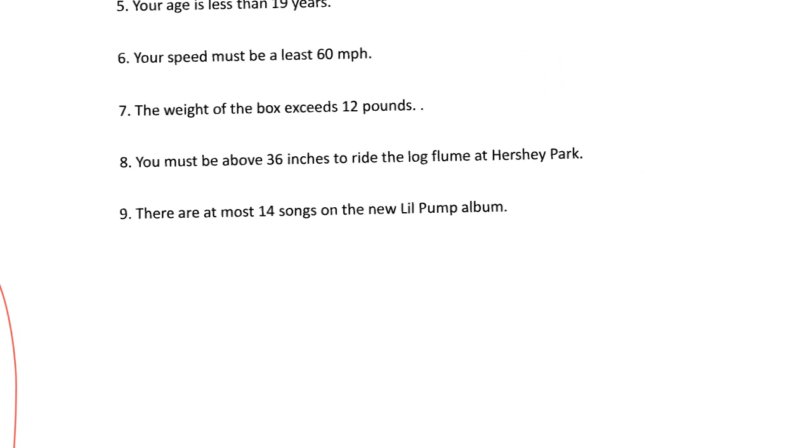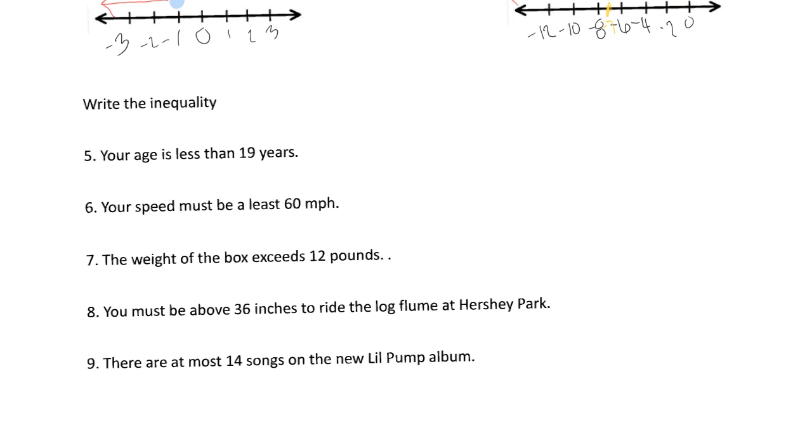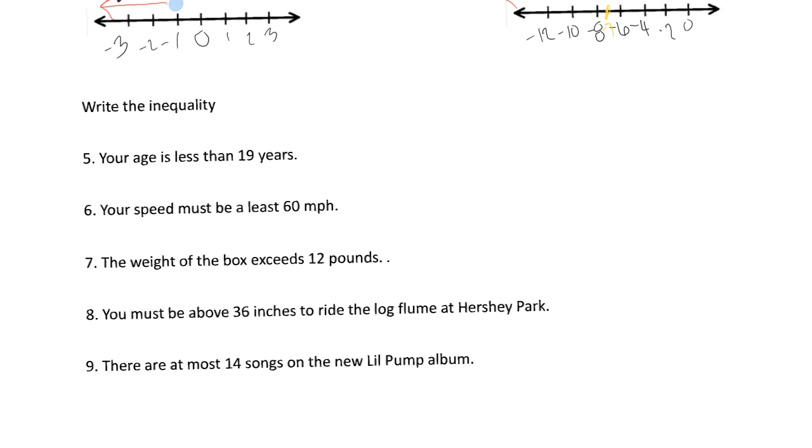So now we have these couple of problems here. You need to change these into an inequality. The first thing we figure out is this says "is less than." So I'm going to think about what inequality symbol that is.